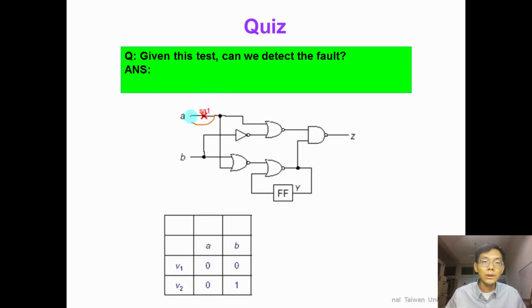Given this fault and this sequential circuit, run the simulation and see if we can detect this fault by applying a sequence of test patterns 0, 0 and 0, 1. Please now pause the video and try to do this exercise.